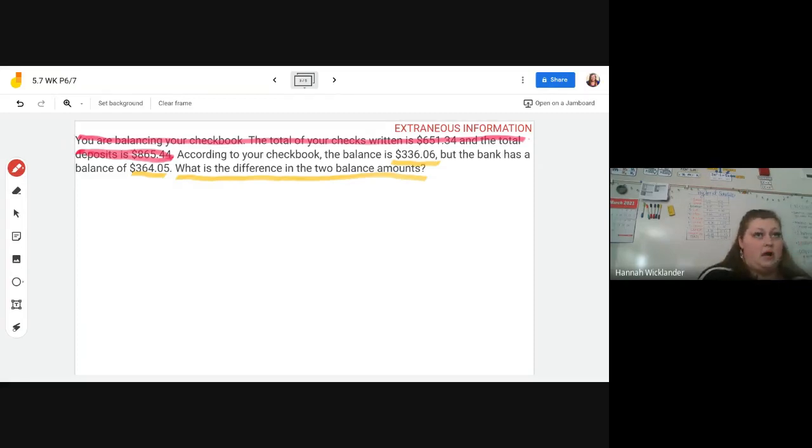So now I can solve. It says, what is the difference? When I see the word difference in a story problem, tell me in the chat what operation I use: addition, subtraction, multiplication, or division. Subtraction, yes. So I'm going to subtract these two numbers.